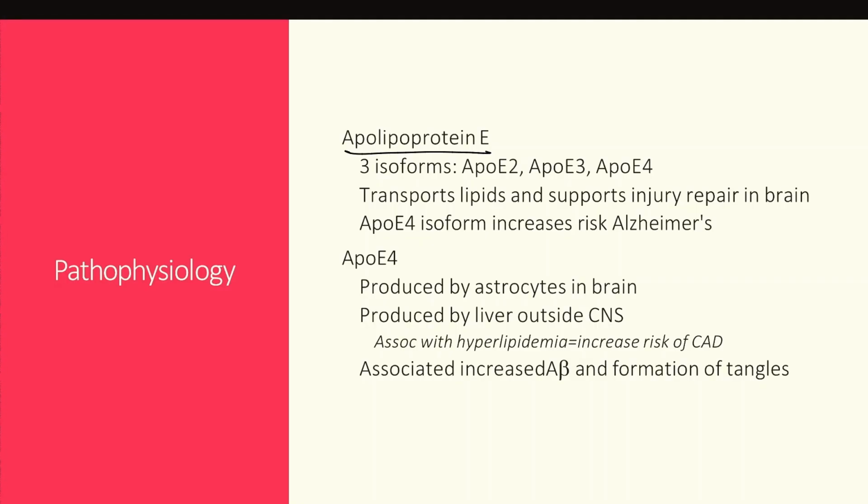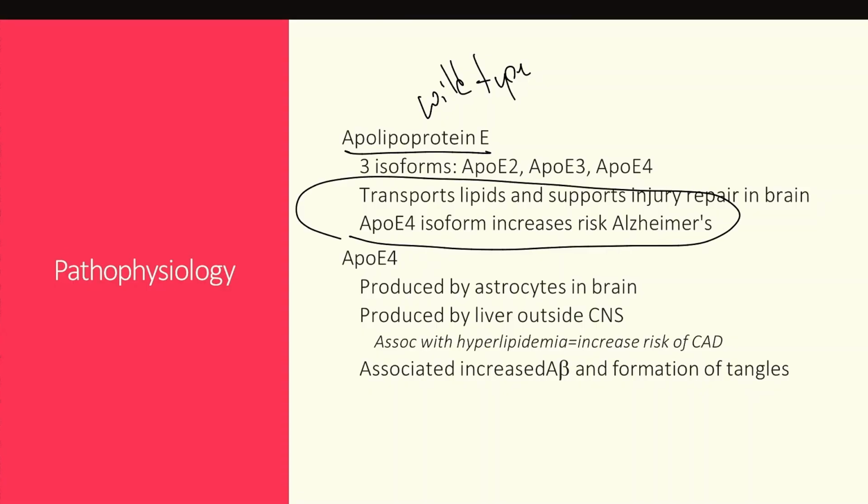The reason I bring this up is that there is a strong link between the E4 variant and Alzheimer's. ApoE4 is produced by astrocytes in the brain, and also by the liver outside the CNS, associated with hyperlipidemia and therefore increased risk of CAD. So it's this increased beta amyloid formation and the tangles.